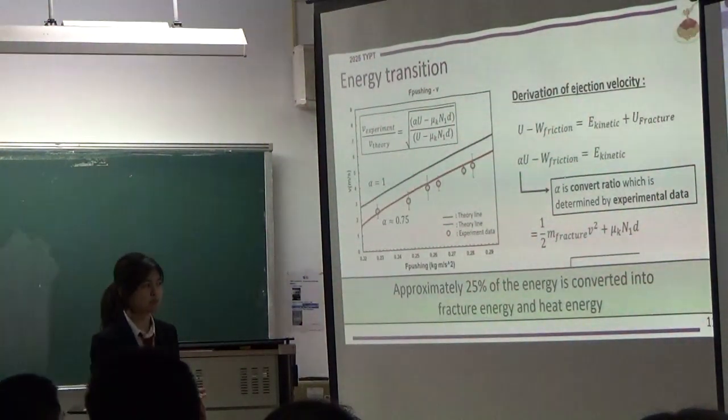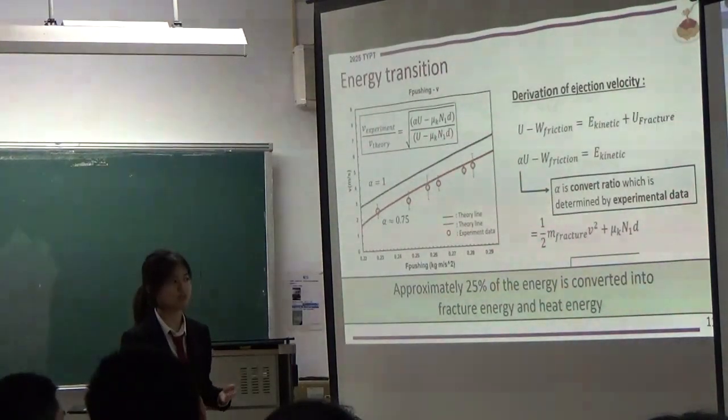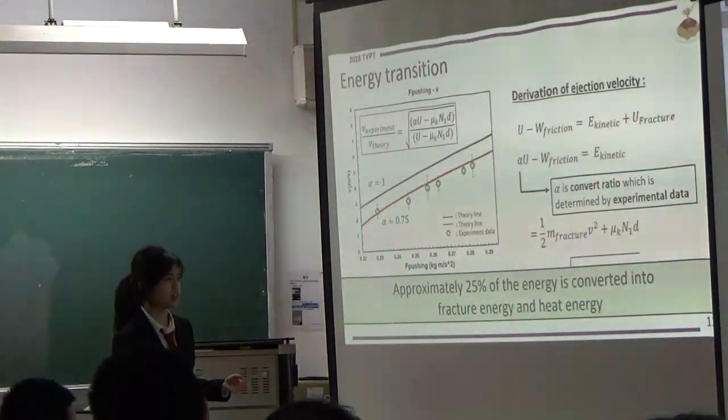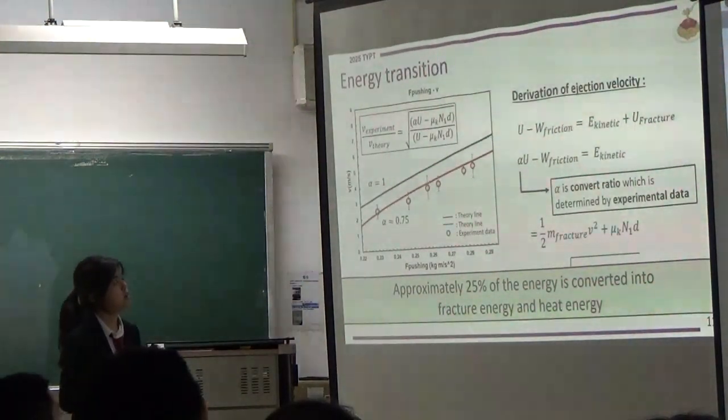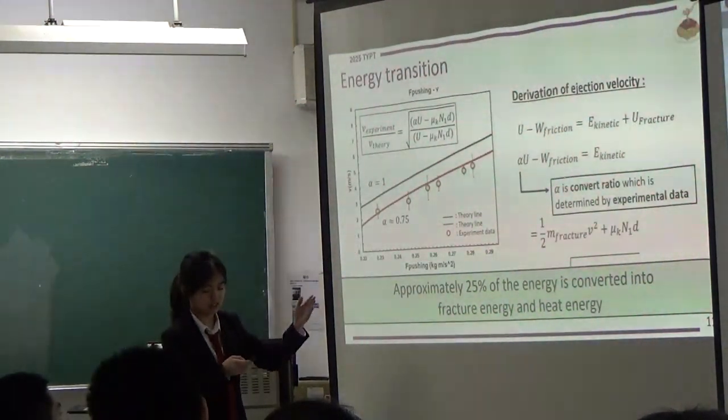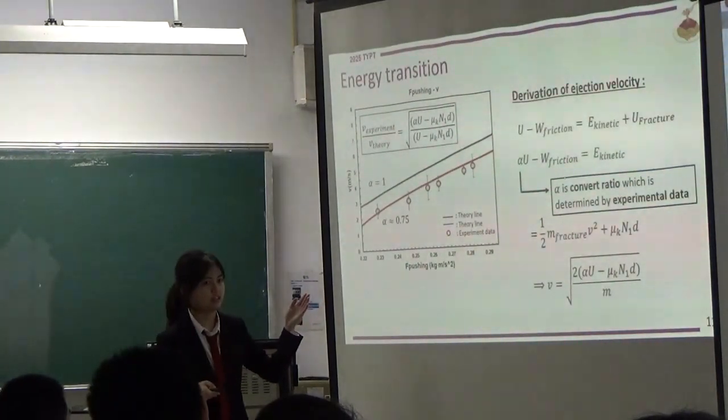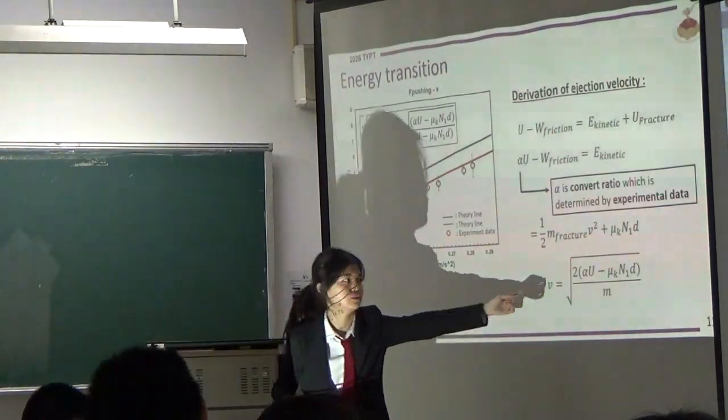So approximately 25% of the energy is converted into fracture energy and heat energy. So we use the alpha every time we calculate the velocity, which is here.